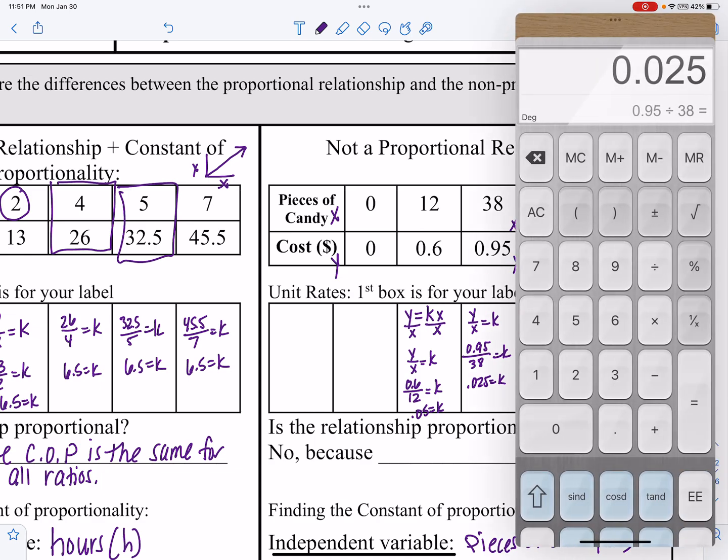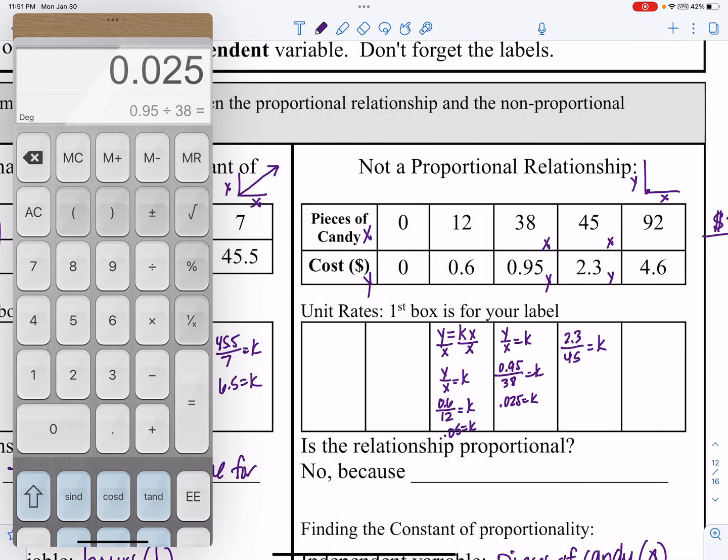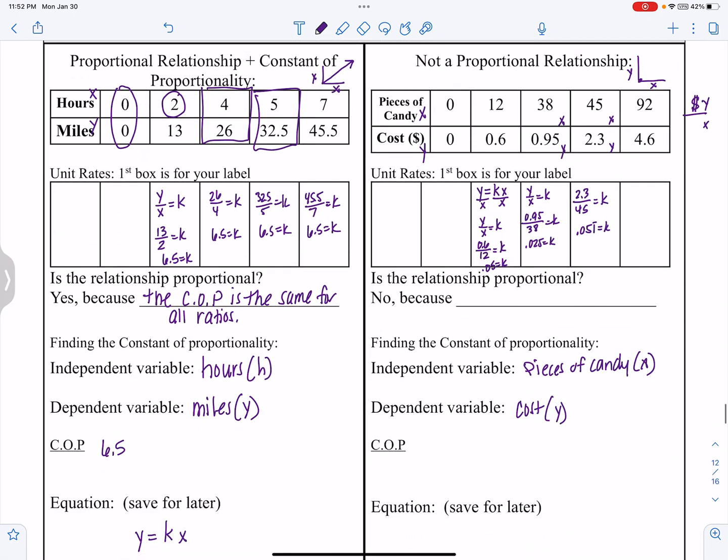So let's go ahead and test it out. And you remember what is 2.3 divided by 45. And we get something totally different, with a 1 repeating equals k. So this is definitely not a proportional relationship. So I can be done officially.